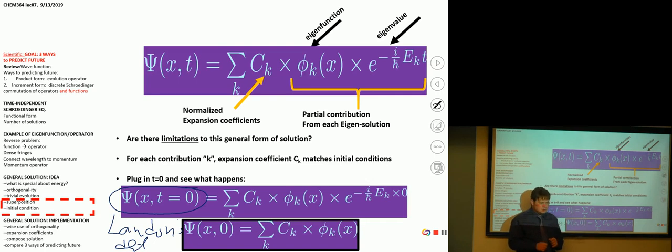So our tactical goal is to get rid of dependence on x, get rid of functions. But not in a careless way, rather in an educated way, so that the expansion coefficients C sub k will carry signatures and traces of our past.